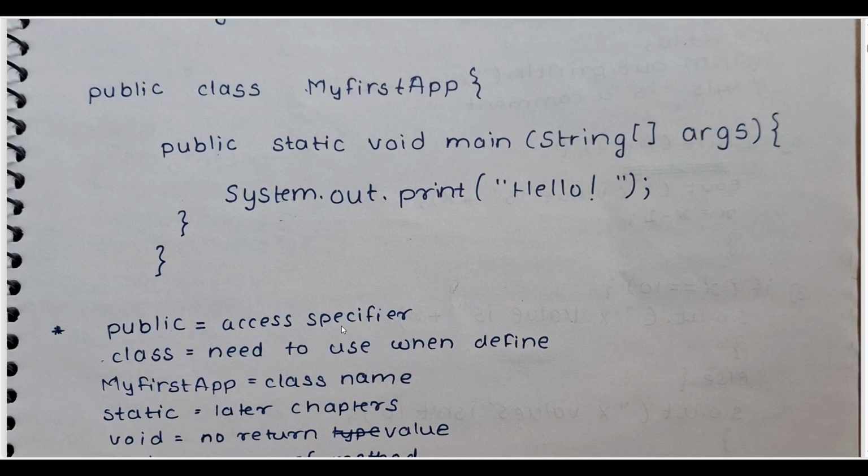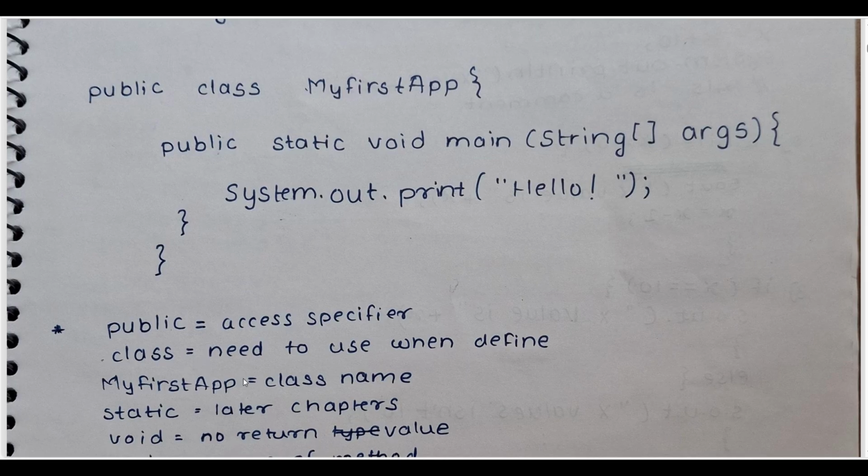So public, as the name suggests, can be accessed from anywhere in the code. Now class is the keyword that is needed to define a class.